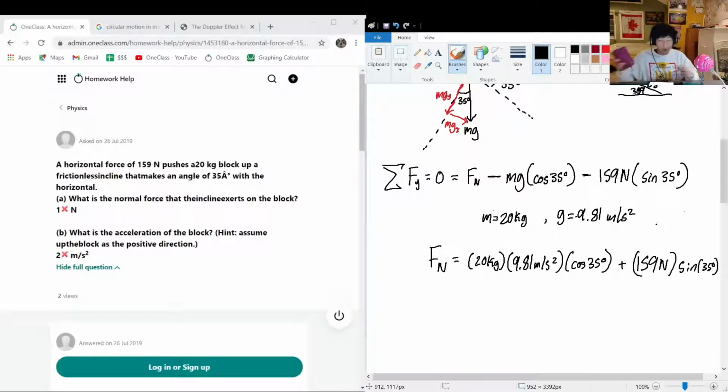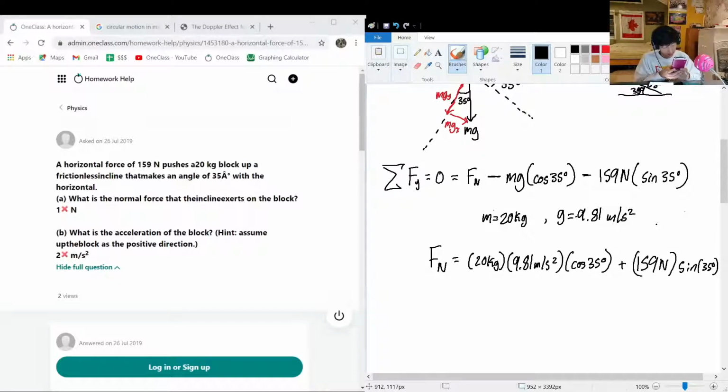Okay, and once we do this calculation, this will give us the normal force, and that'll be one part of our question done. So let's punch this in. 20 times 9.81 times cos 35 degrees. Make sure your calculator's in degrees. If you do it in radians, big ouch, I'll tell you that.